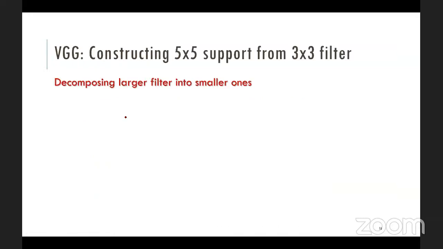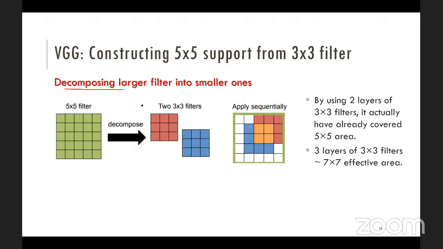Now how is this possible? How can we replace a larger filter with a smaller filter? Basically, we are decomposing a larger filter into smaller filters. Instead of using one 5x5 filter, we can use two 3x3 filters.